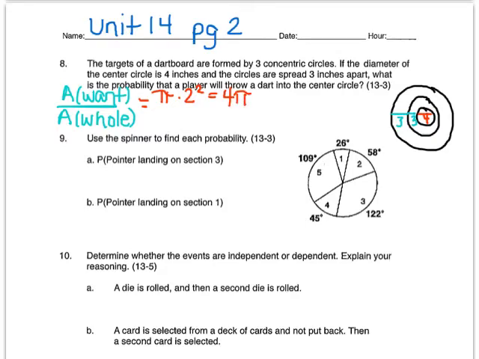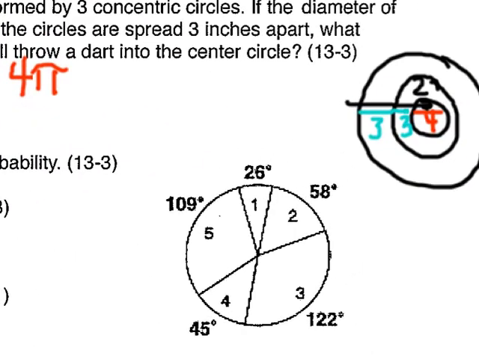And then the area of the whole thing would be the outer circle. Now the radius of the outer circle would be from the center over. And remember, we said that the radius of the inner circle was 2. So really it's 2 and then 3 and 3.